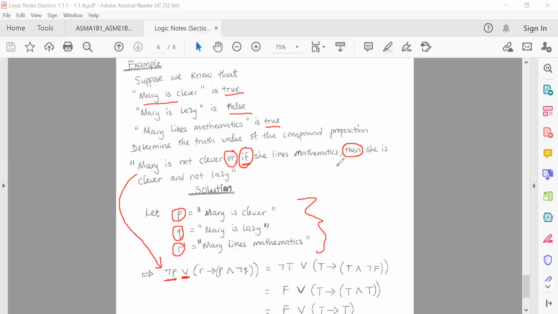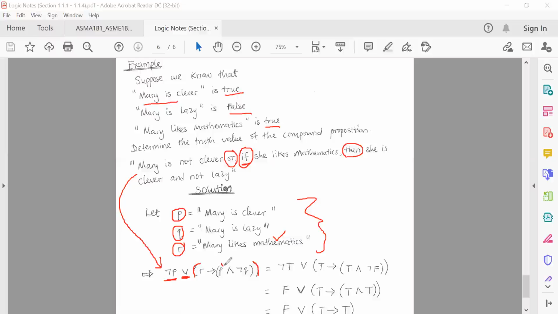If, then, means you have something implying something. If she likes mathematics, you know already that was the statement R. So you have R arrow implies something. You see now I'm introducing a bracket, so I have a little bracket. Arrow implies, then they say she is clever.